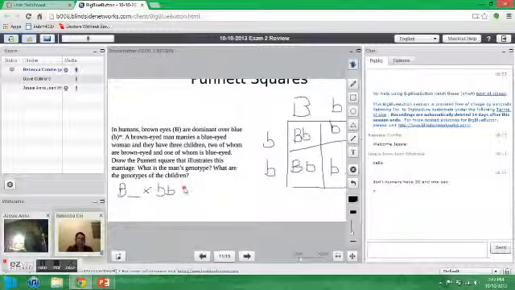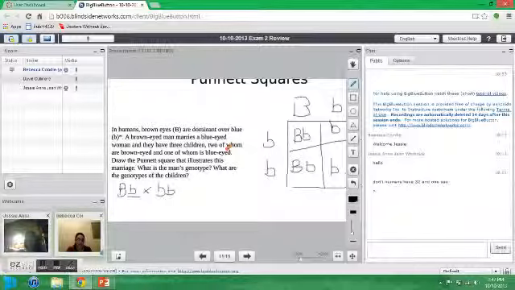So, let's look back at this question, see if we got it all. Draw the Punnett square that illustrates this marriage. What is the man's genotype? Big B, little b. And then the children's genotypes.